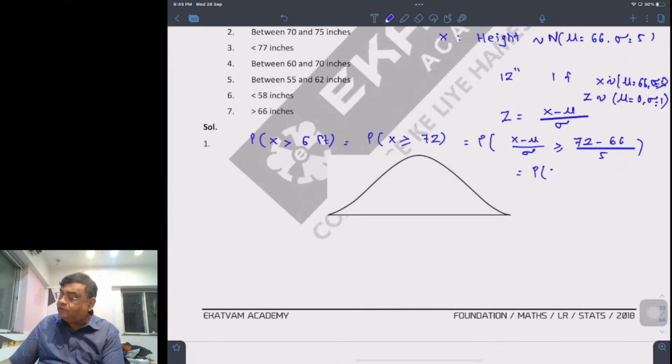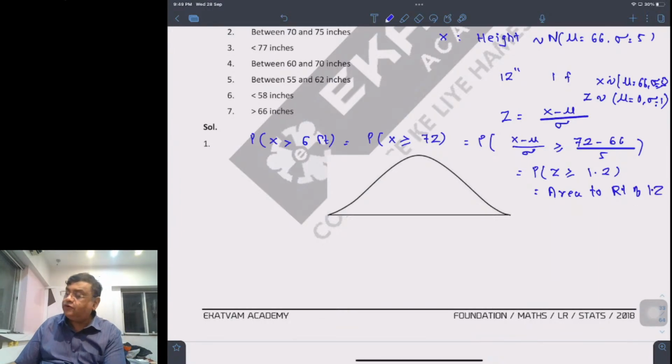That means this is the probability of z greater than or equal to 72 minus 66, which is 6, and 6 divided by 5 is 1.2. Therefore this is going to be the area to the right of 1.2.